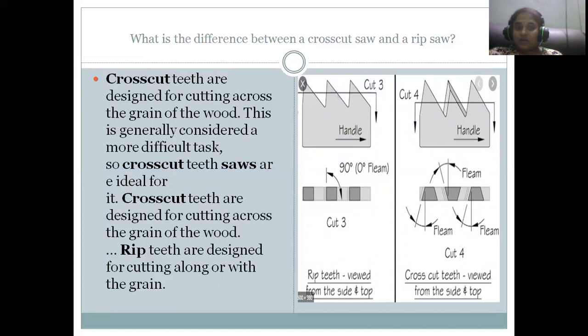This is generally considered a more difficult task, so crosscut teeth are ideal for it. Rip teeth are designed for cutting along or with the grain. And you can also say the angle of the crosscut saw is around 90, and this is around 60. So this is what you have to say.